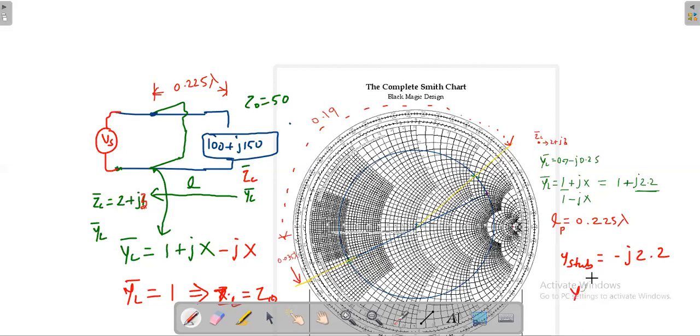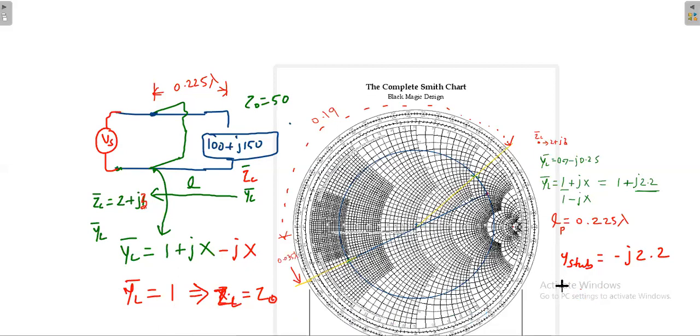Now I will calculate what is the impedance of the stub, because once if you know the admittance of the stub, then you know what is the impedance of the stub. Okay, so the impedance of my stub has to be something, because this is simply 1 by 2.2. What is the answer, sir?